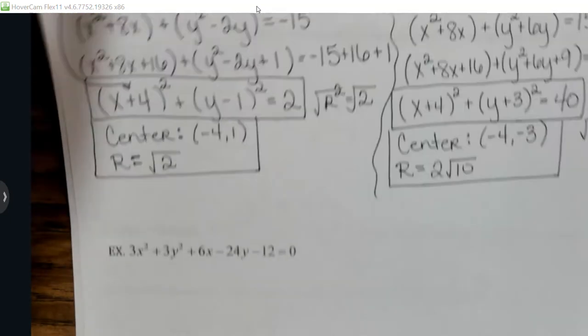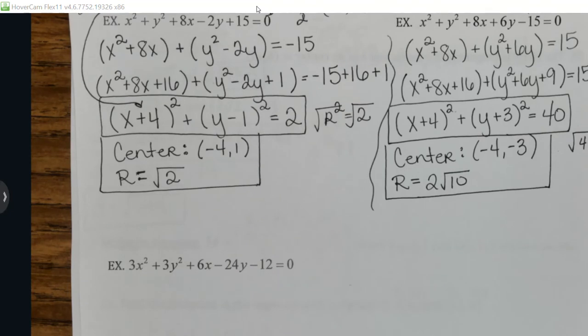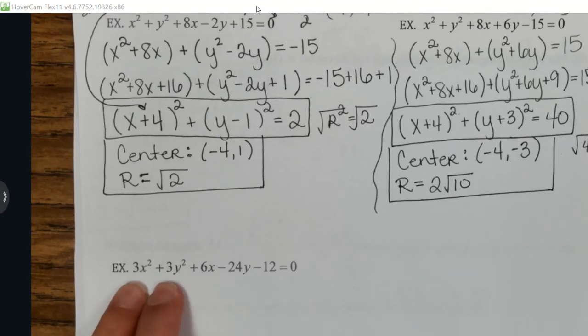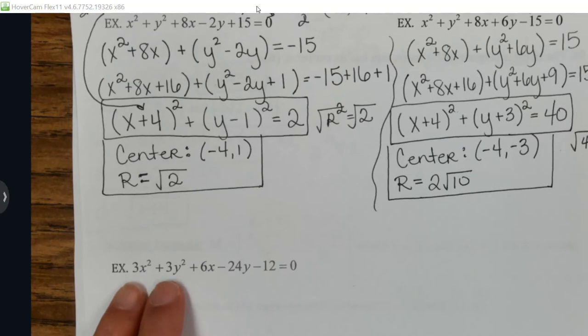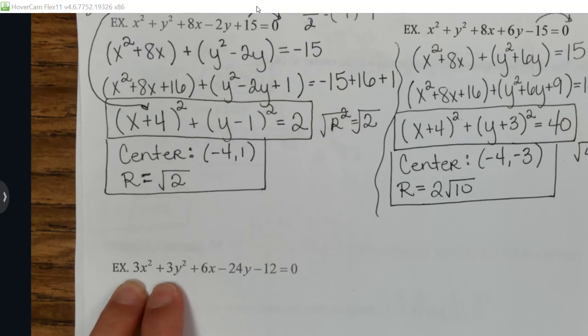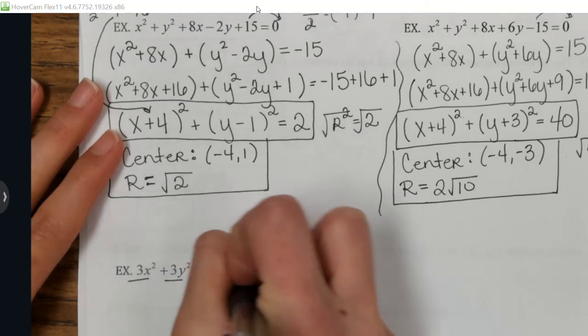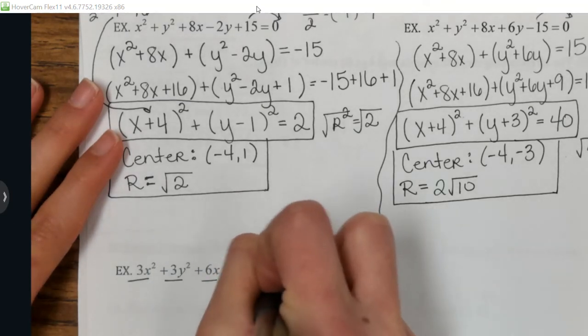Now, in those examples, I already had coefficients of 1 for my x squared and y squared. If you have coefficients in front of x squared and y squared, you divide by them. If it's a circle, they've got to be the same coefficients because you're dividing the whole thing by that. See how both of those are a 3? I'm going to divide all of these terms by 3.